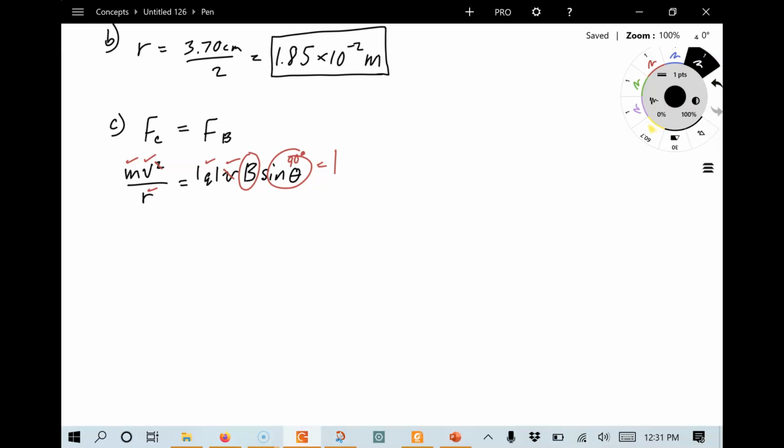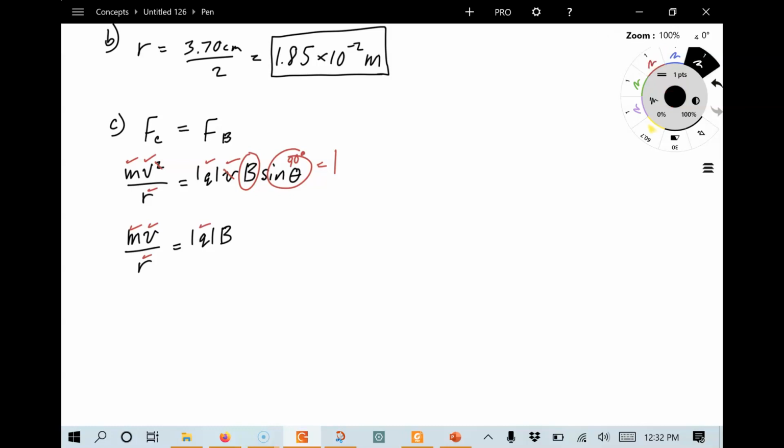So we end up with an equation that looks like this: mv over r is equal to Q times B. And as we said before, we know a bunch of stuff here. We know this, we know this, we know this, we know this. In this case, it's going to be B that we solve for.